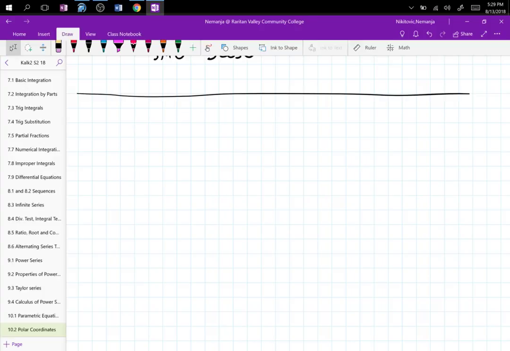So going back to our tablet over here, we are going to take a look at how to graph r equals 3 cosine 2 theta.